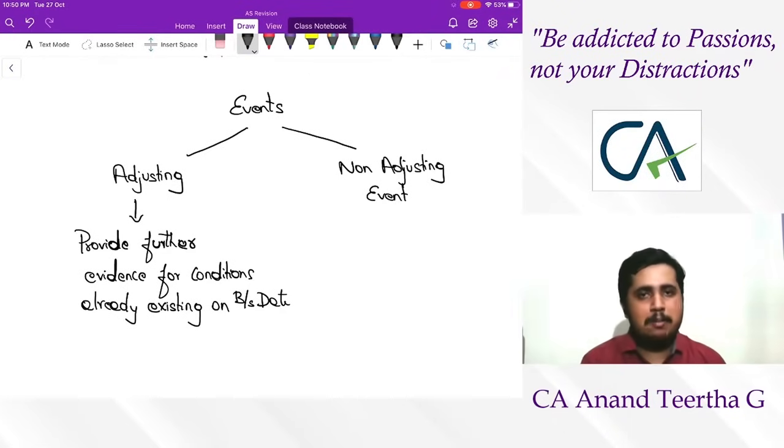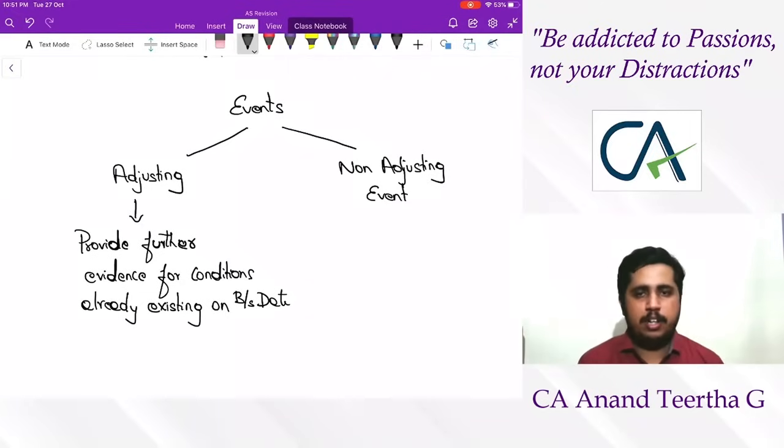So it basically means that something has happened on the balance sheet date itself, and whatever happens after the balance sheet date is only giving you further evidence. It's only giving you the final outcome of whatever was already thought of. So that is called an adjusting event.